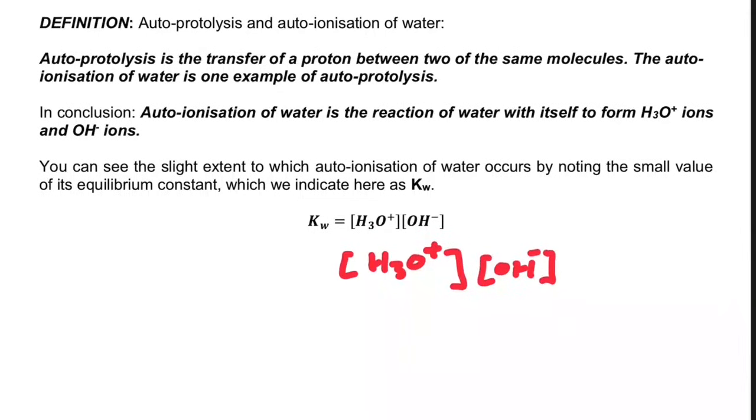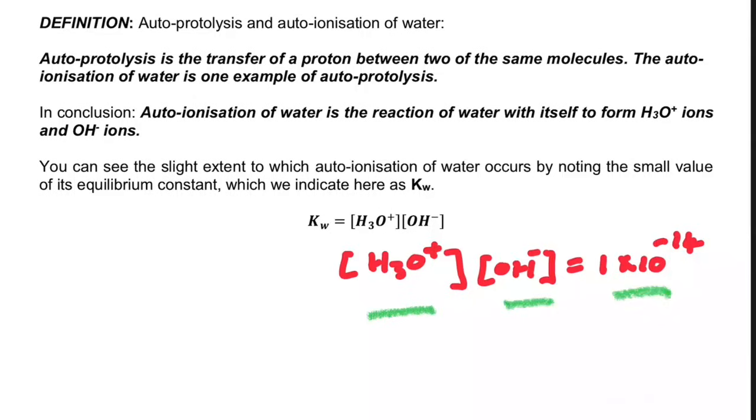So H3O+ multiplied by OH-, this gives us 1 times 10 to the minus 14, right? This is the equilibrium constant for the auto-ionization of water. This right here is very consequential. We're going to use this time after time.